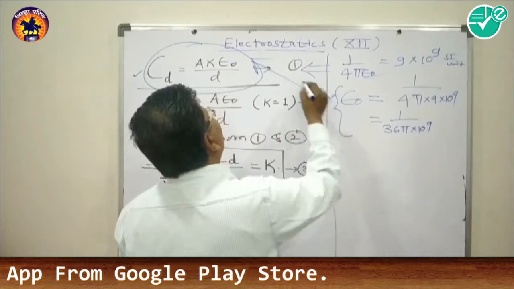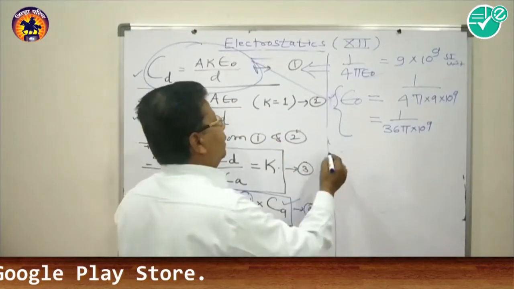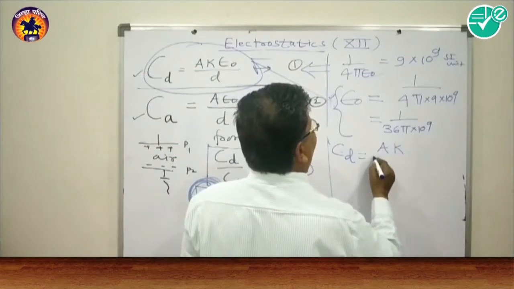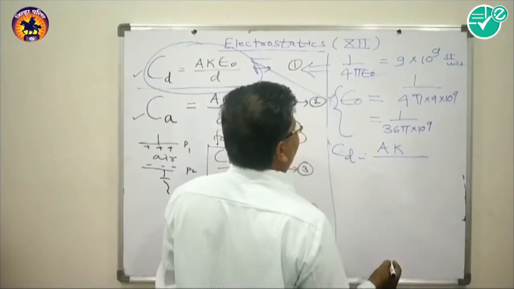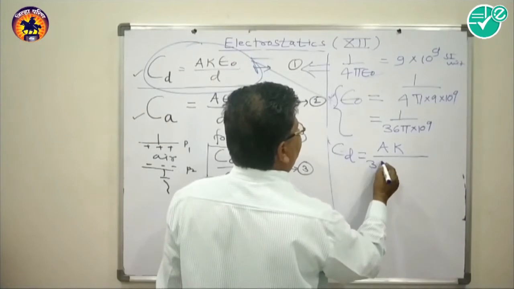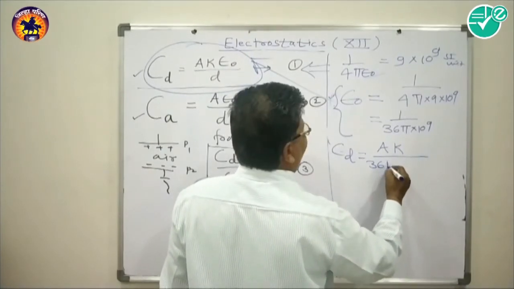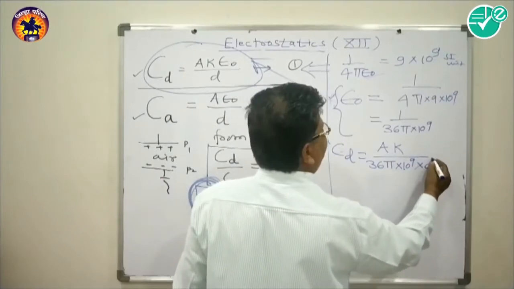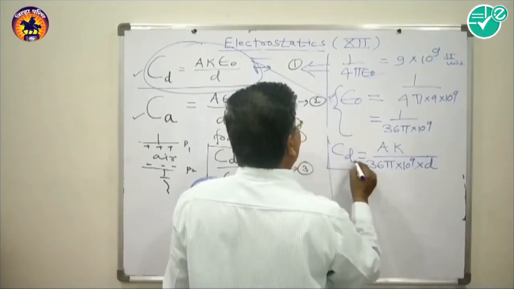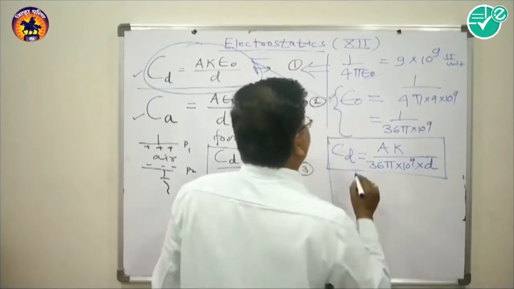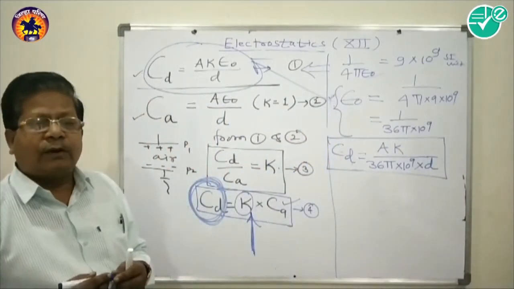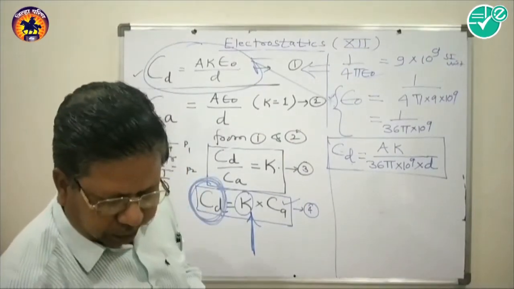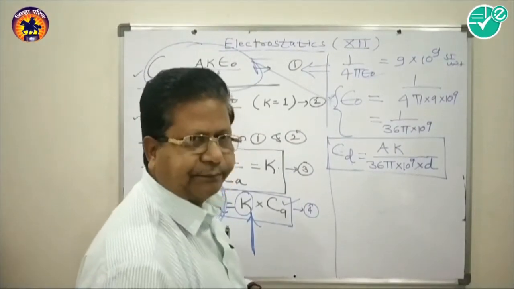Now this value is substituted in equation number 1. We get CD is equal to AK, with epsilon 0 substituted as 1 upon 36 pi into 10 to the power 9, and the distance of separation is d. So this is another form of capacitance of a capacitor filled with dielectric.